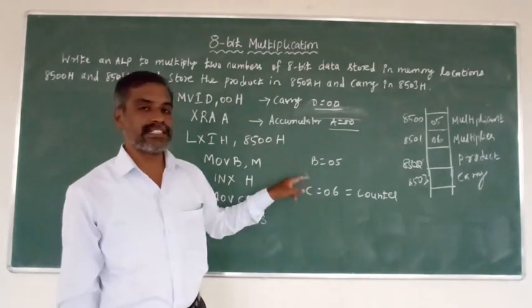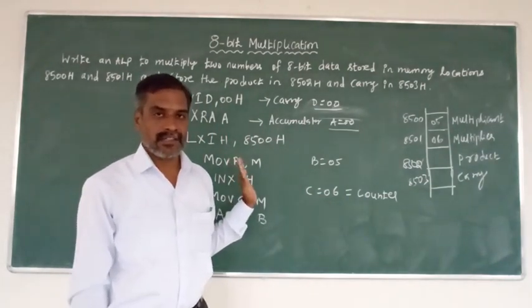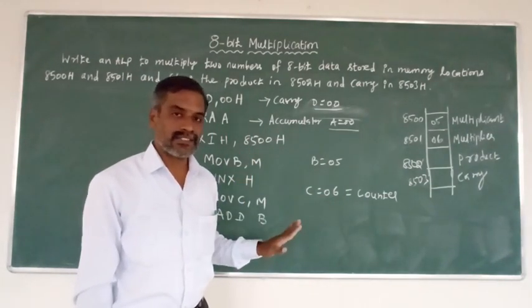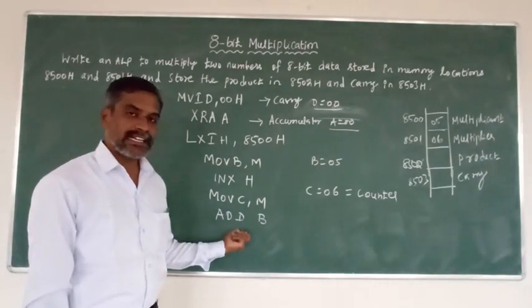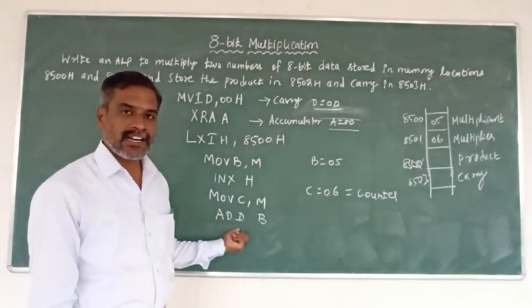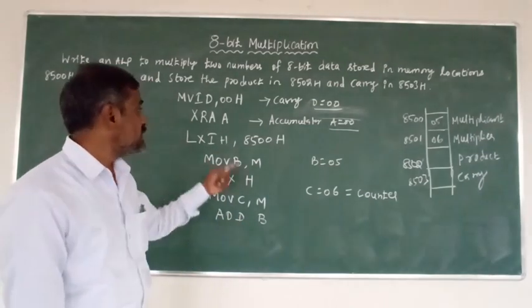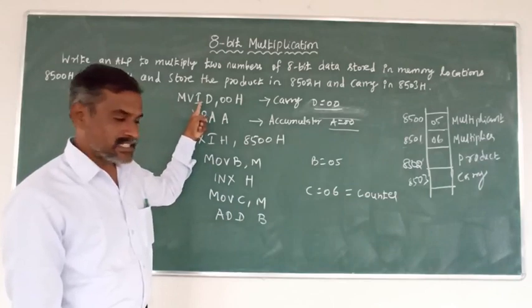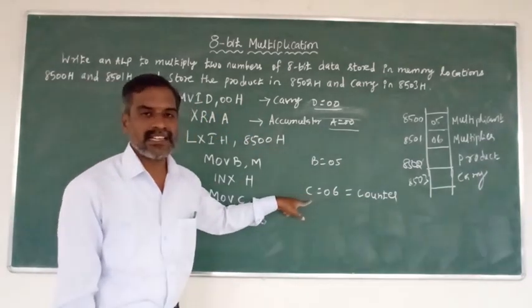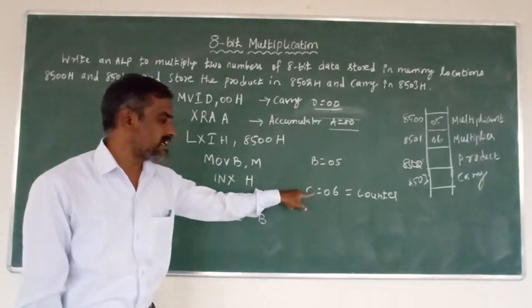Now check the result whether there is a carry or not. No carry means no need to increment the carry register content. We can directly decrement the C register content. Then check whether it is 0 or not.